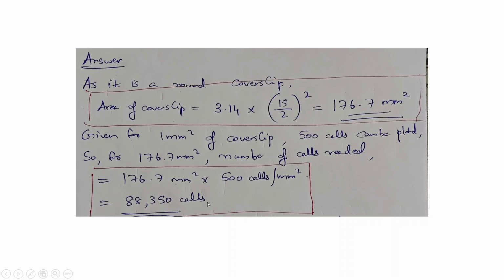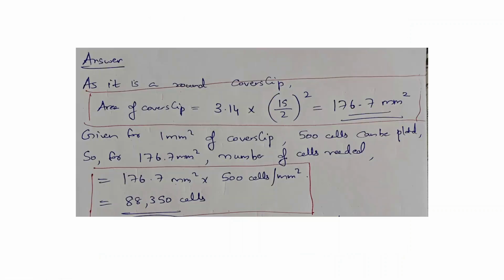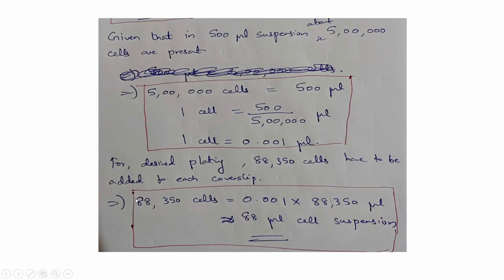That much can occupy the cover slip on the basis of the given cell density, that is 500 cells per millimeter square. So about 88,350 cells can be spotted on that cover slip.